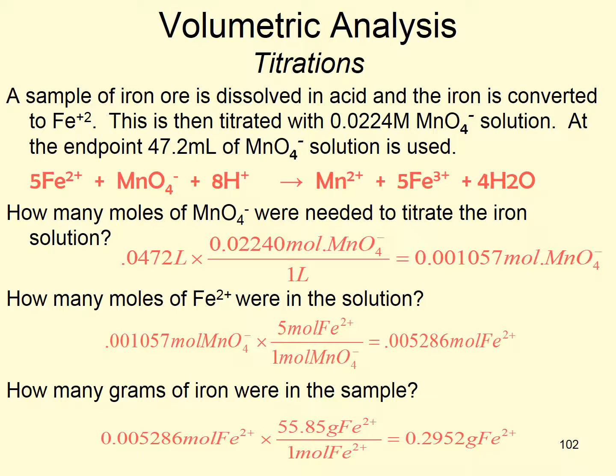And then in this case, we started with liters, converted to moles, then we converted to moles of iron using our mole to mole ratio, but this time we needed grams, and so using the molecular weight we converted from moles to grams. So if you look back at that sheet, we actually started with liters and ended up with grams. You can do any of those things as long as you know the relationships.